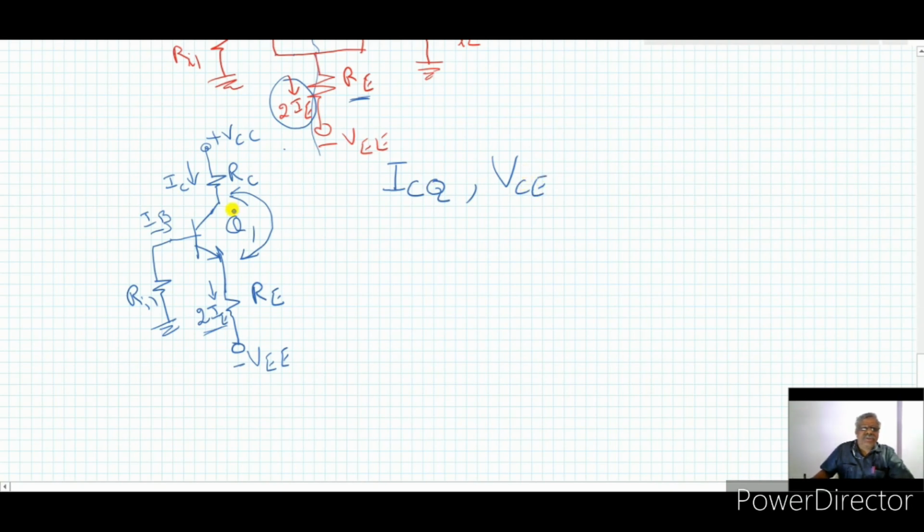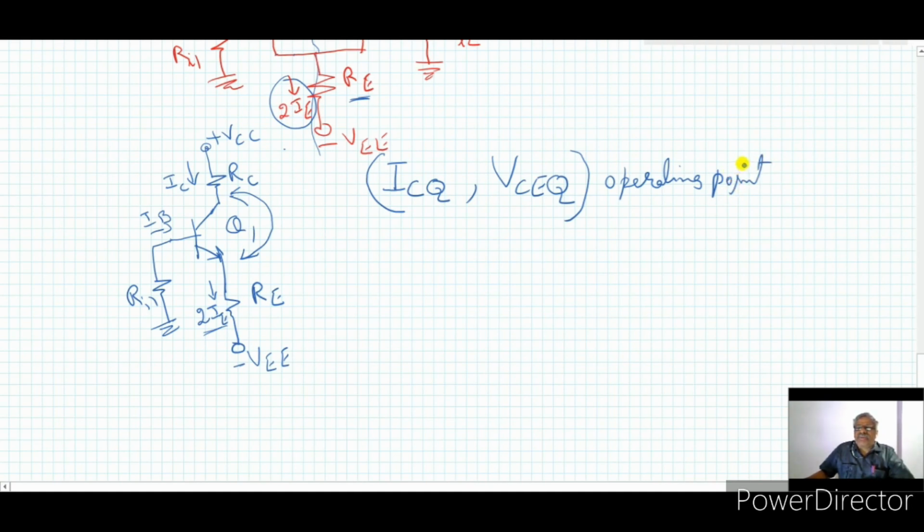Because there is no input signal present here, whatever DC voltage appears across collector and emitter is called VCEQ, that is, the quiescent collector to emitter voltage. So these are called the coordinates of the operating point.